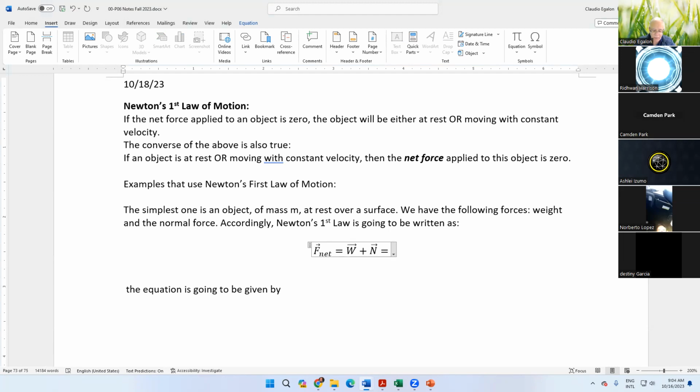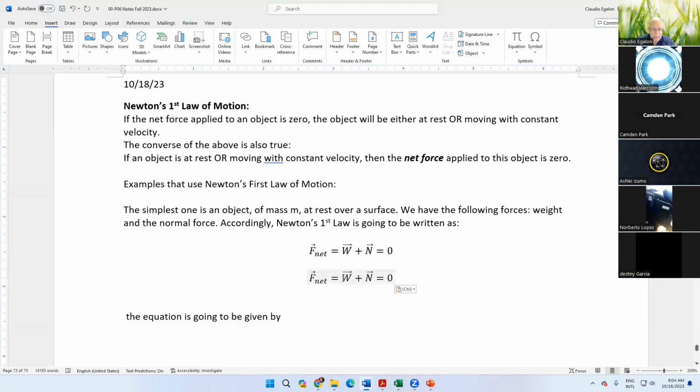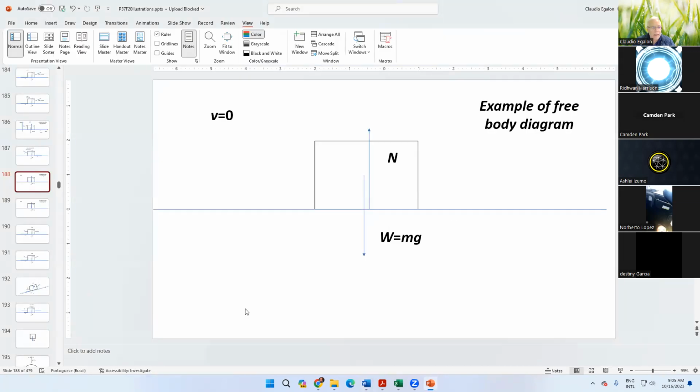Because the object is at rest, we have this relationship here. Strictly speaking, we can write down the weight as mg, and let's not forget that the direction of that force is going to be along the y-axis, but along the negative y-axis. And I had the drawing further down, right in here.